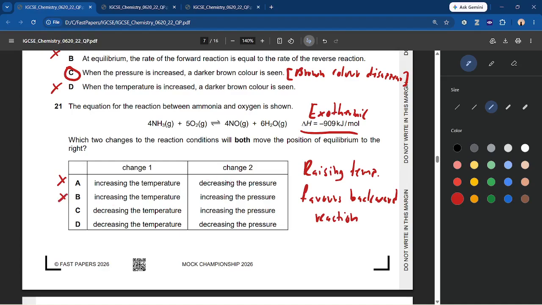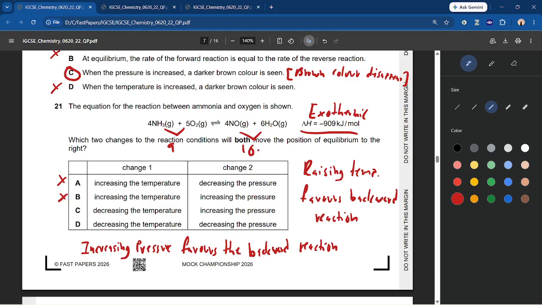And then pressure. So this side has a total of 9 moles, and this has a total of 10 moles. And as you know, increasing pressure will favor the backward reaction, because obviously the forward side has more moles.